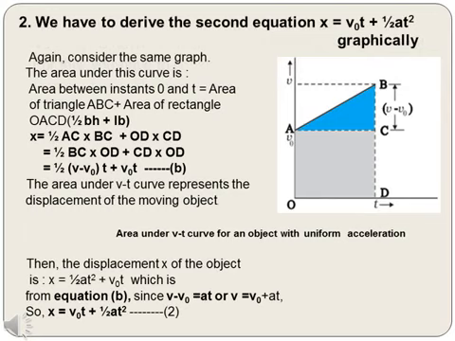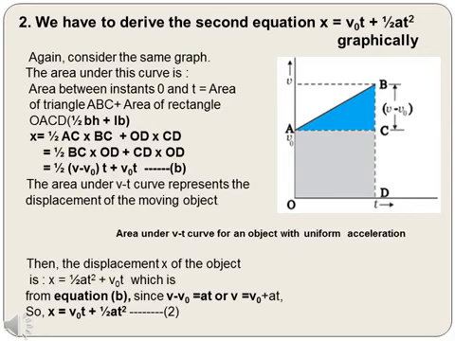Then we have to derive the second kinematic equation x is equal to v0t plus half at square graphically. In 9th grade class, you had studied the second kinematic equation as s is equal to ut plus half at square.